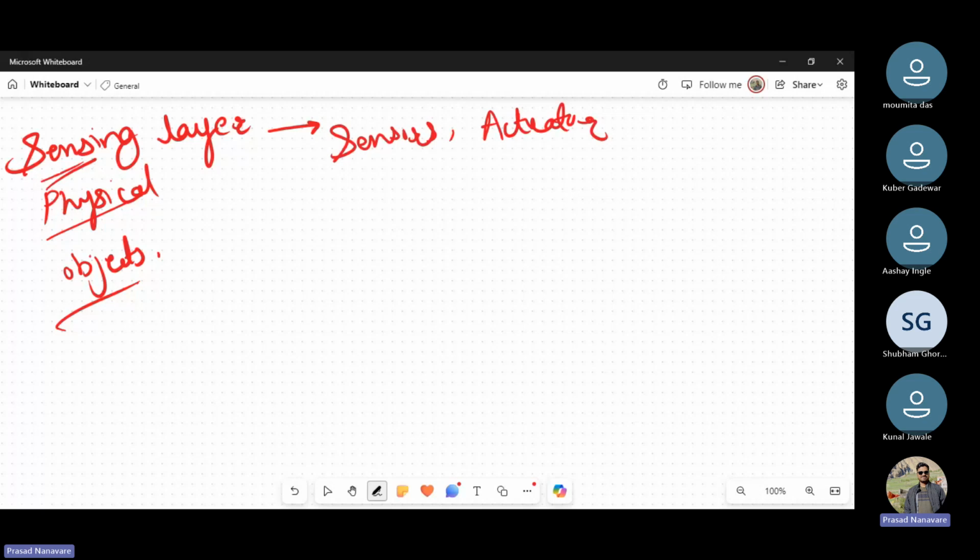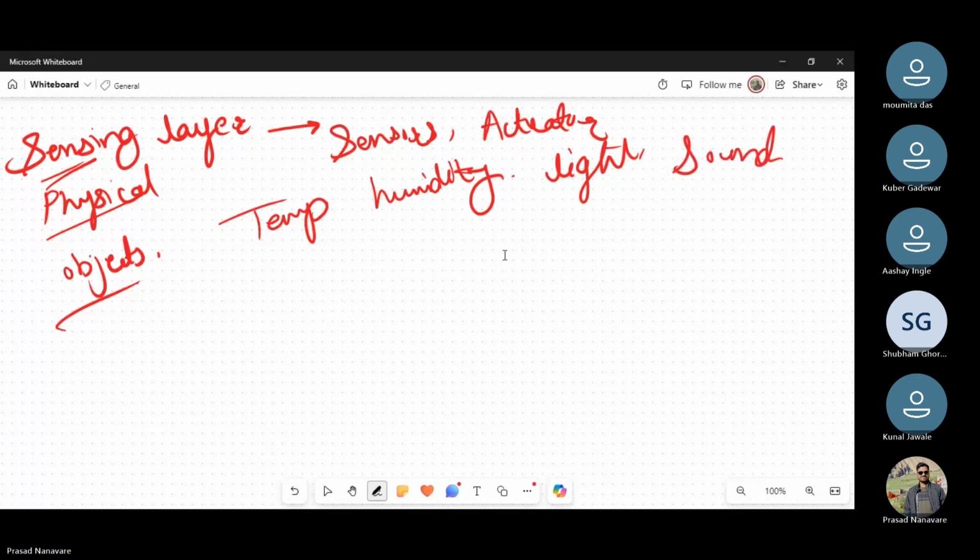They are placed in the environment to gather information about temperature, humidity, light, sound, right? It could be light, like an LDR sensor. It could be a sound sensor like a mic, or it could be displacement, it could be weight, it could be anything.